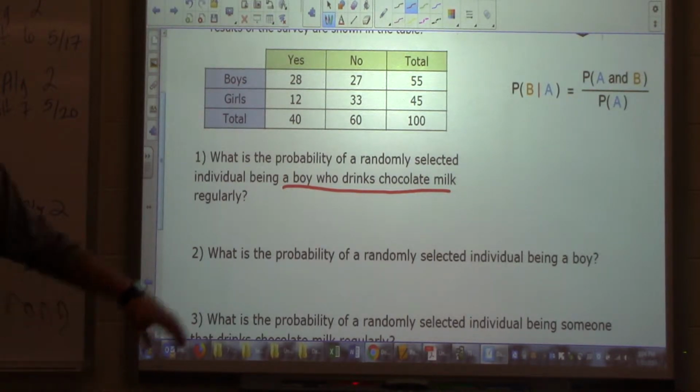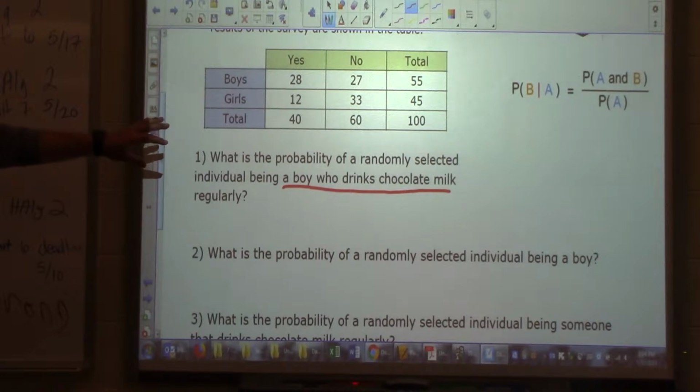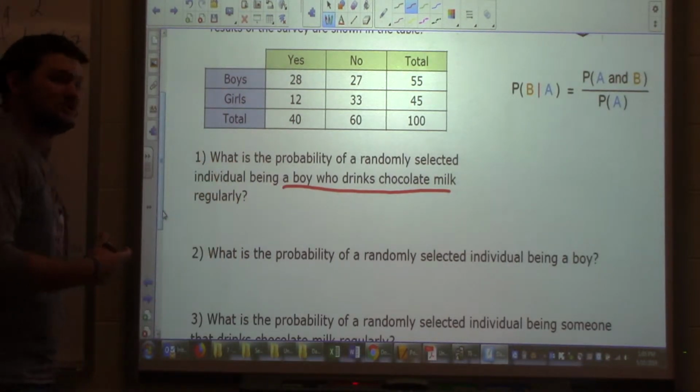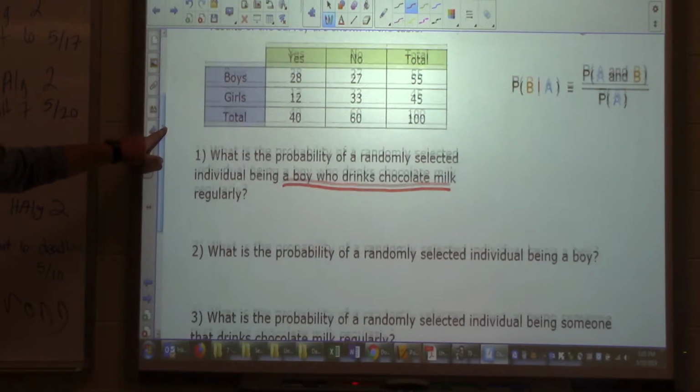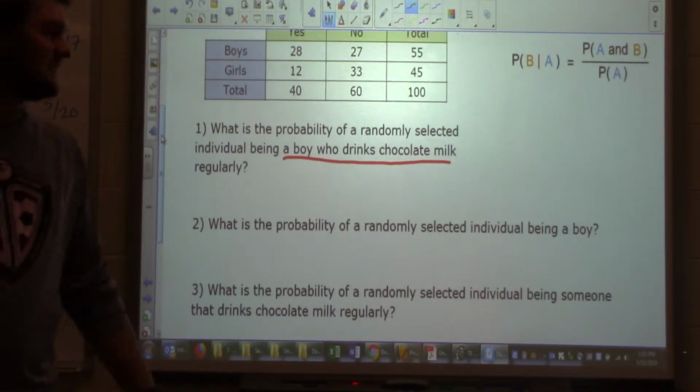Sorry, continue. Guys, is this a conditional probability problem? No, right? There's no given. We're not asking about one thing based on another. We just want to know the probability that it's a boy who drinks chocolate milk. 51%? How do you get 51%?